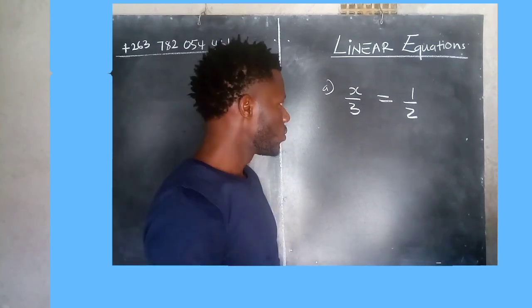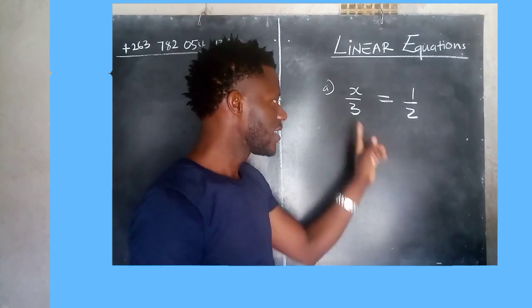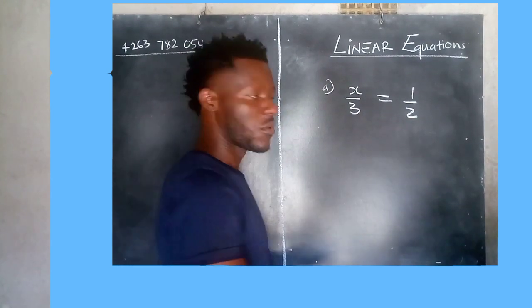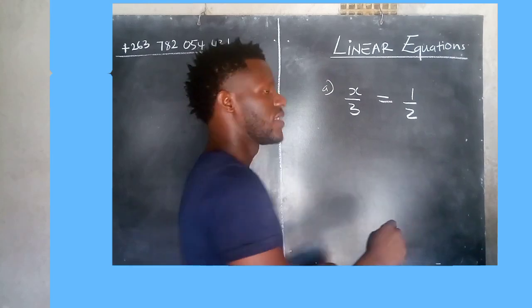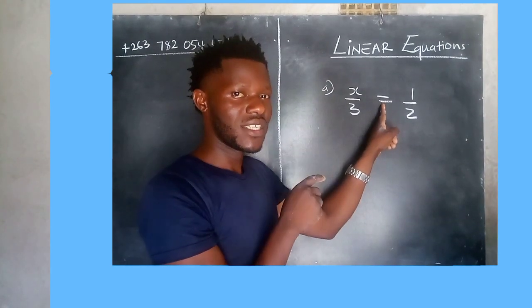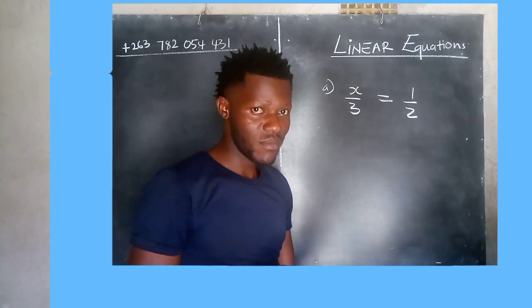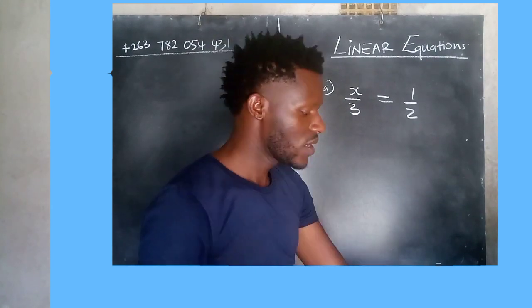So before you do grouping, you must clear fractions. How to clear fractions? You find the common denominator. But instead of writing down the denominator here, in this case, if it is an equation, if it goes with an equal sign, do not write down the denominator below the terms. Instead, you multiply both the terms or both sides by the common denominator.